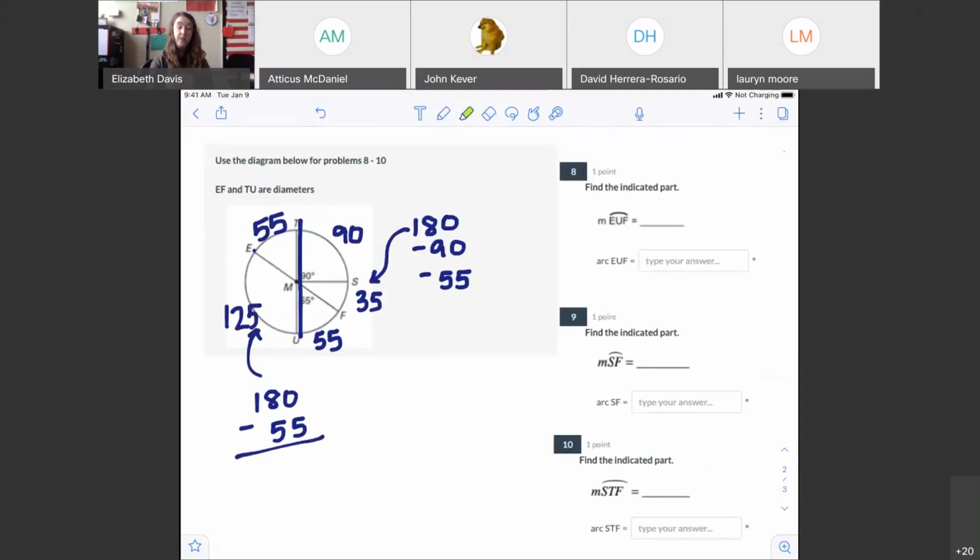So the first one wants us to find EUF. So from E to U to F. Since EF is a diameter, what is the measure of arc EUF? 180. Beautiful.